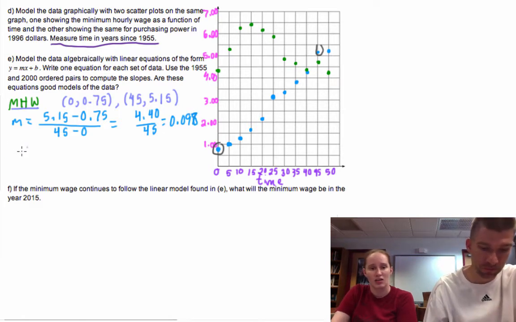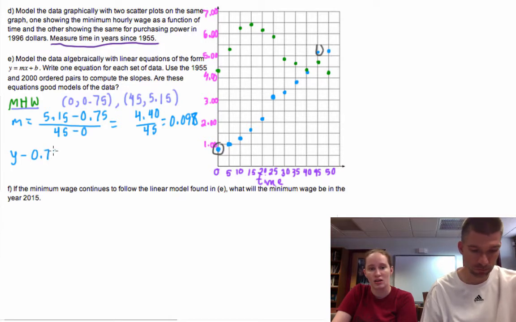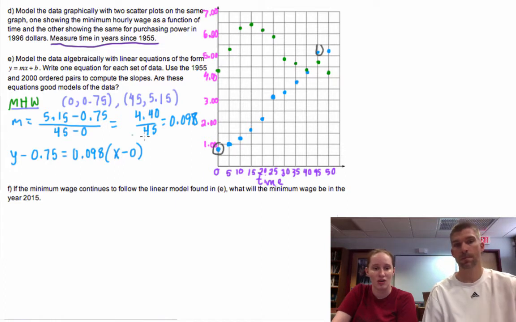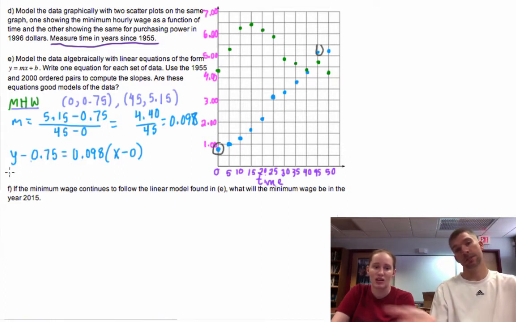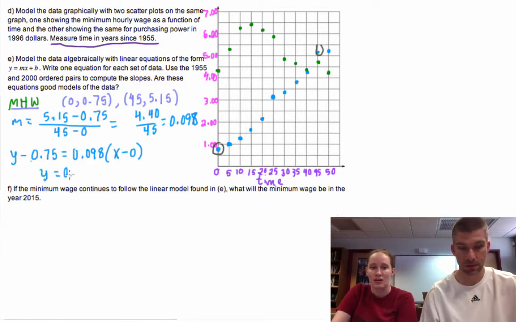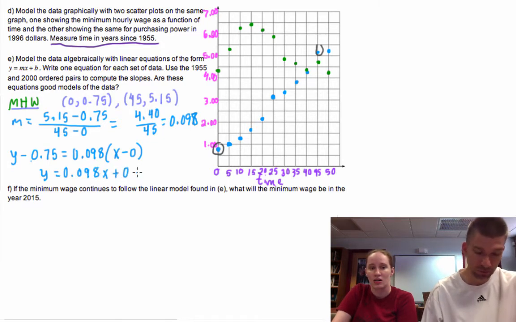And the great thing about this is, if we use this point and point slope, which is y minus y1 equals slope times x minus x1, since x1 is 0, all we really have to do is just add that guy over.